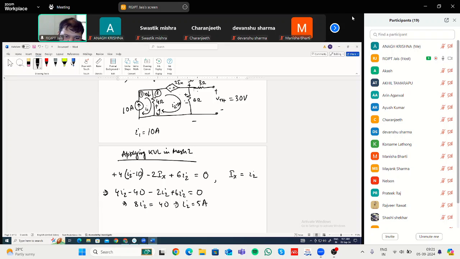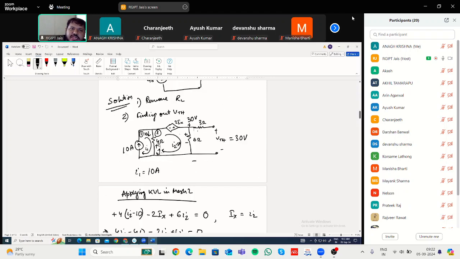Next, third step. In third step, finding out RTH. The first step that you take in finding out RTH, you deactivate the sources. That means here you have to deactivate the current source, that means replace it with open circuit. Same circuit I am redrawing.